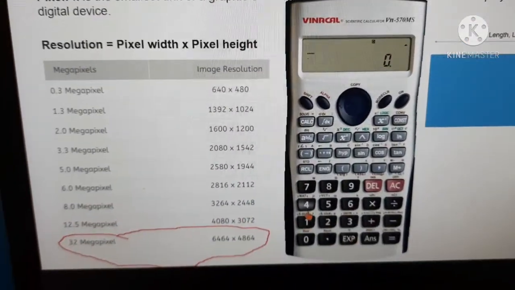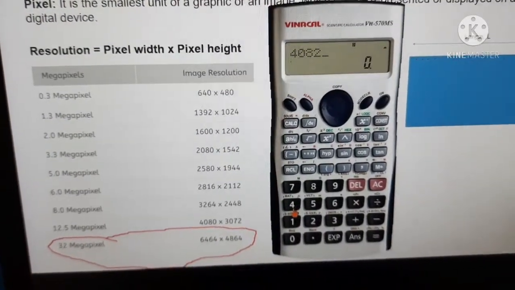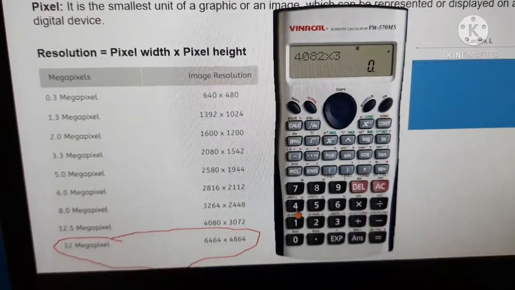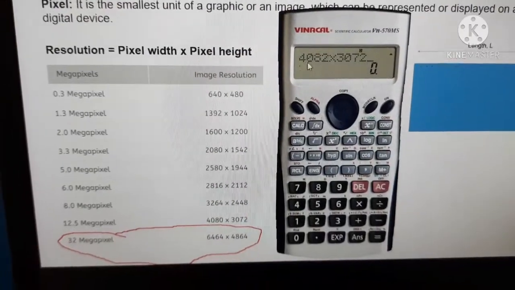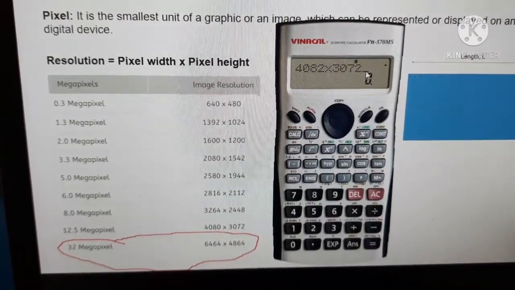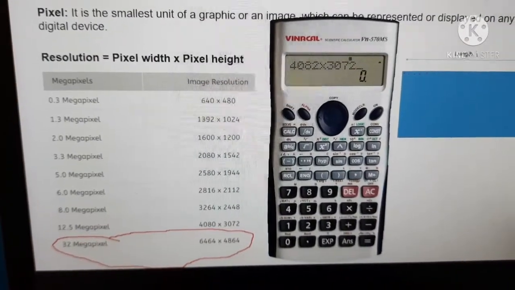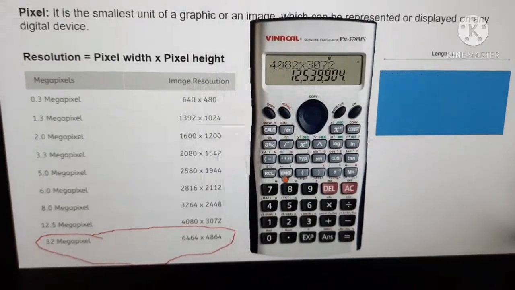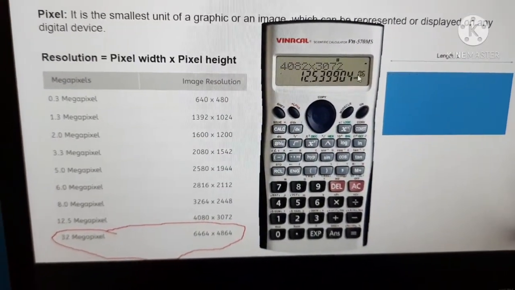Here, if you multiply 4080 into 3072, it is nothing but length and width. If you multiply length and width, you are able to get the number of pixels in this image. Now here you can see this is having 12.5 megapixels.